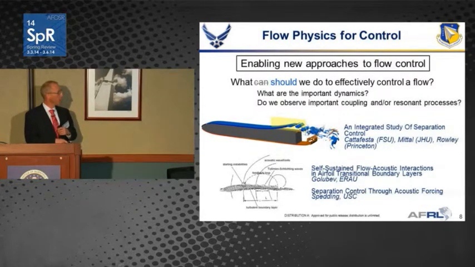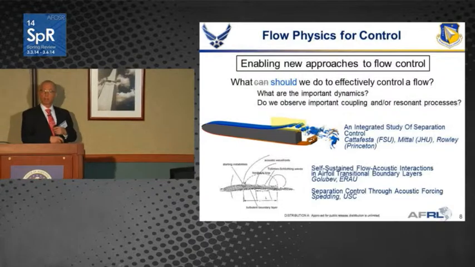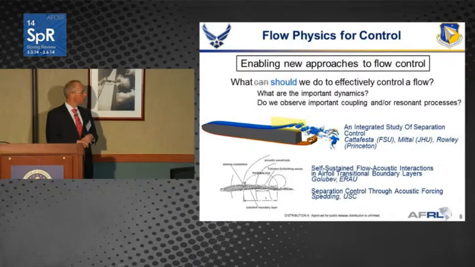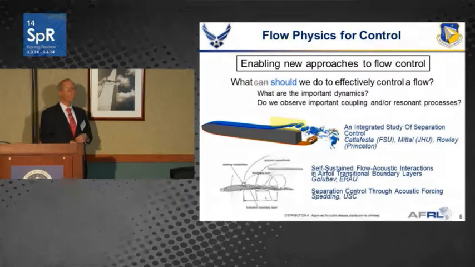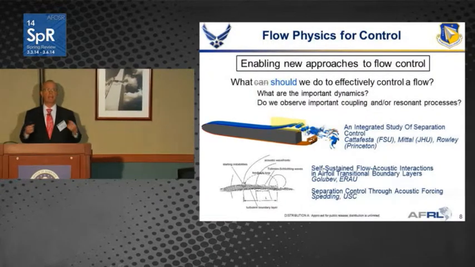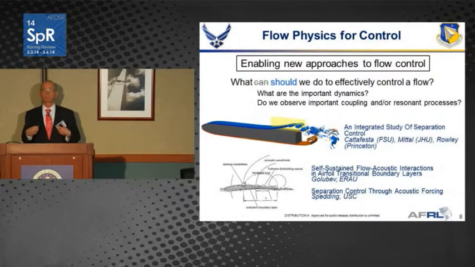So we have a wake behind this bluff body, and then we also have a separation that occurs on the upper surface. And then we've made some recent investments in looking at acoustic interactions and how they play in transition behavior and how you might be able to do some sort of separation control.